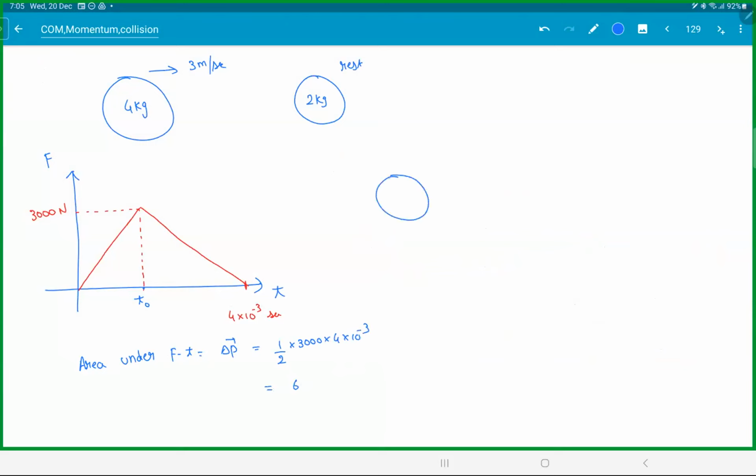On the 4 kg block, the force will be backward. On the 2 kg, the force will be forward. So on the 4 kg block, impulse will be minus 6, which is the change in momentum. Let the velocities be v1 and v2. So 4 into v1 minus 4 into 3 equals minus 6, so v1 is equal to 3 by 2. On the 2 kg, impulse is forward, so plus 6. That is 2 into v2, and initially it is at rest, so v2 is equal to 3.